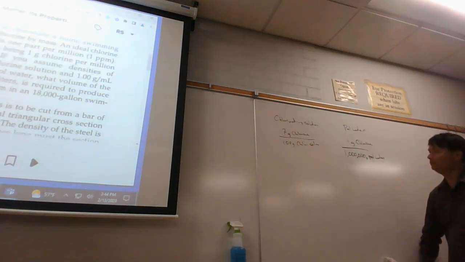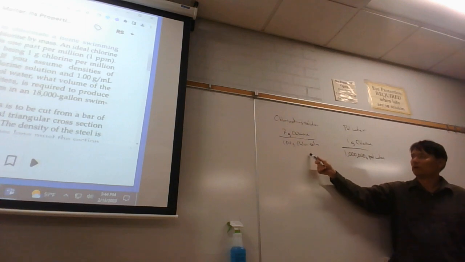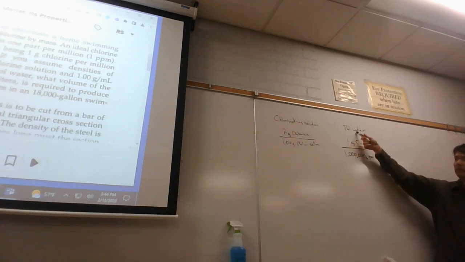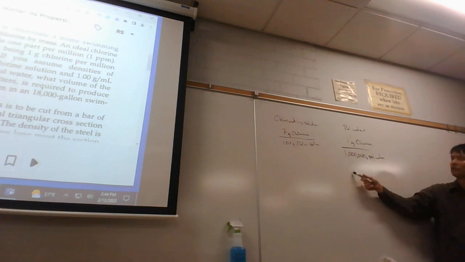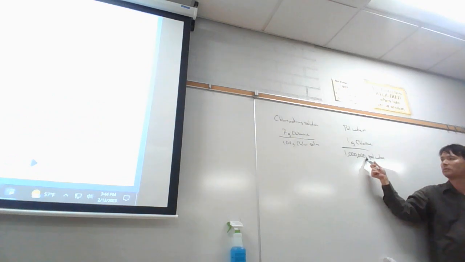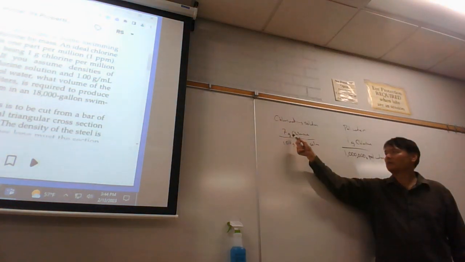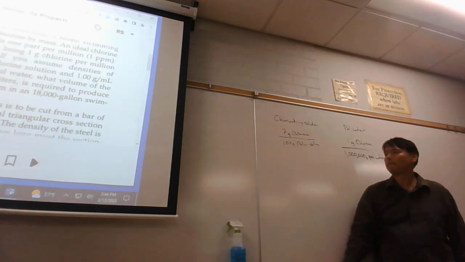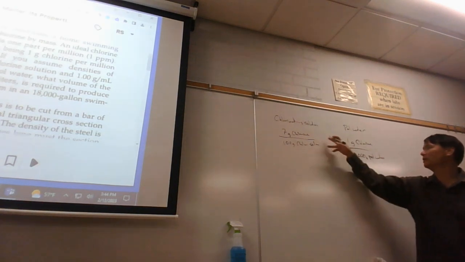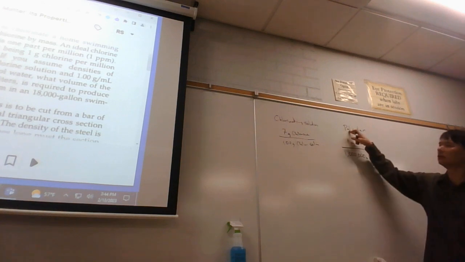So here we converted a percent into its fractional form. A percent means part per hundred. Here we converted ppm into its fractional form. 1 ppm means 1 part per million parts. 7% means 7 parts per 100 parts. The same type of thing here. So this is for the pool water.